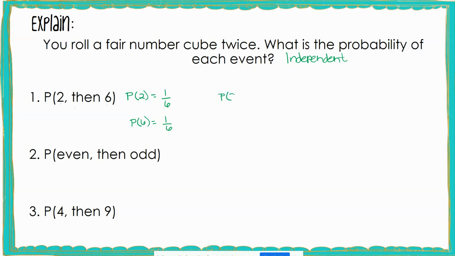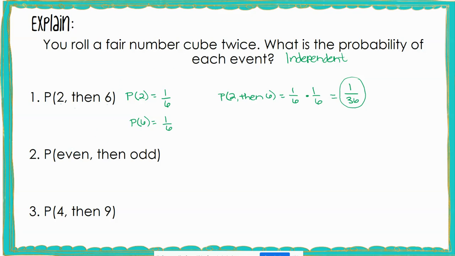So the probability of a 2, then a 6, is the probability of a 2, which is 1/6, multiplied by the probability of a 6, which is also 1/6. Well, when I multiply with fractions, I multiply numerator times numerator and denominator times denominator. So 1 times 1 is 1, and 6 times 6 is 36. So the probability of landing on a 2 followed by a 6 is 1 out of 36.